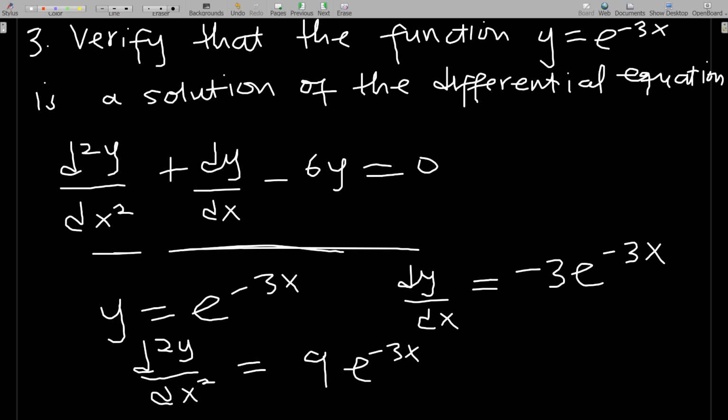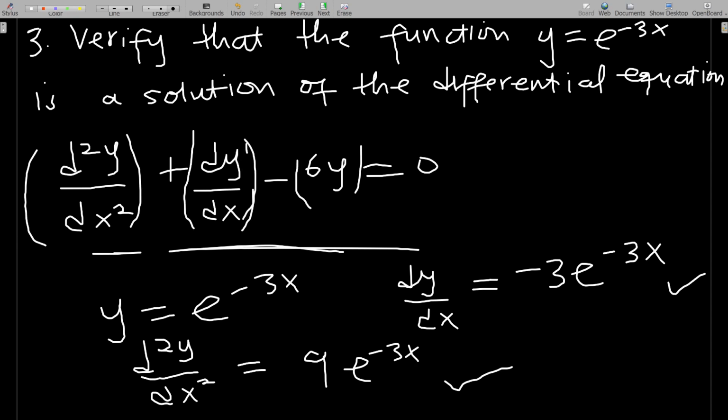So you put d squared y dx squared as this one, and dy dx in place of this side, and then you put y equals e to the negative 3x here. I hope you get this. So let's come back and we have d squared y dx squared to be what? 9 e to the negative 3x plus dy dx, which is minus 3 e to the negative 3x, then plus, or is it minus?